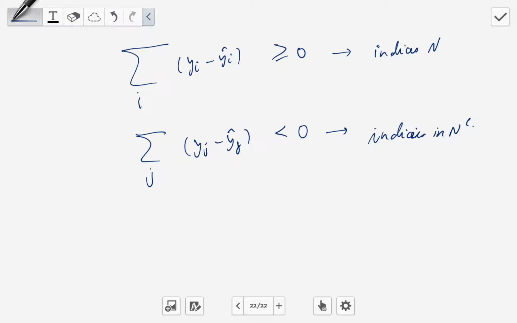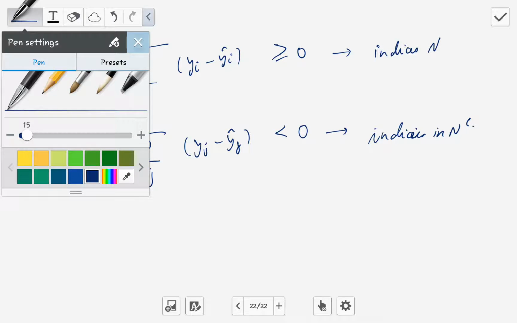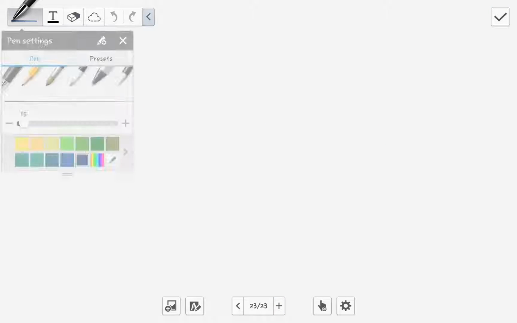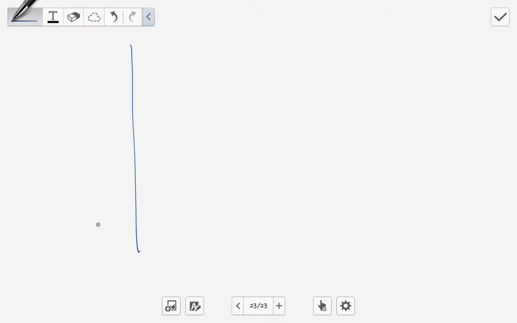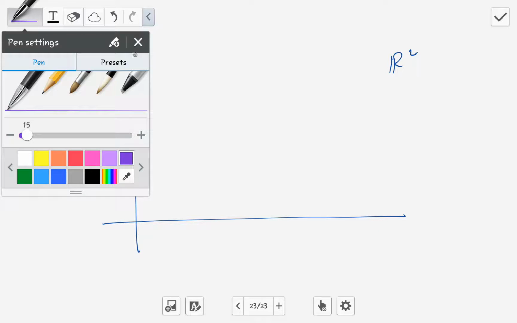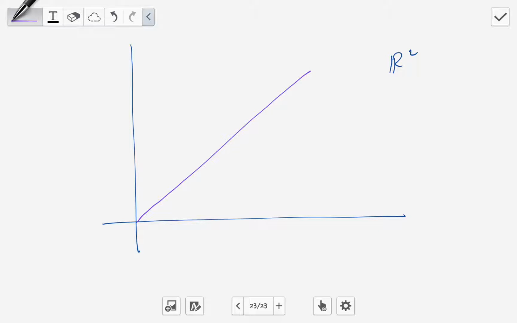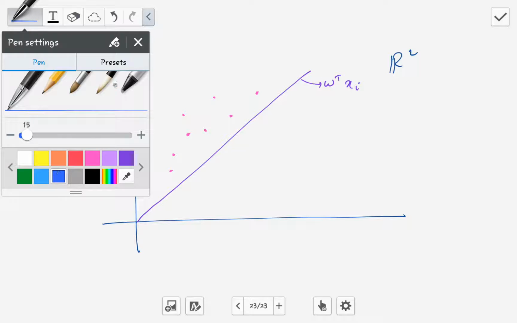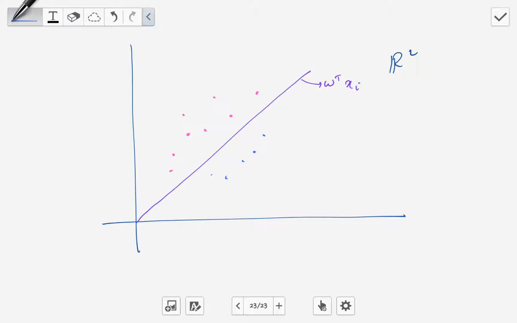Now what did we say? This was called what? Now how did we picturize this? If it was in R2, if this is the line of our predictions, which is w transpose xi, our y's would lie somewhere here. Fine.